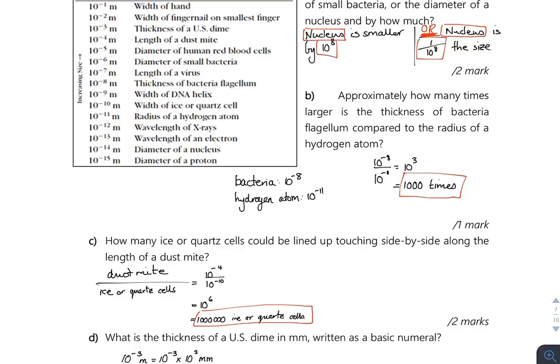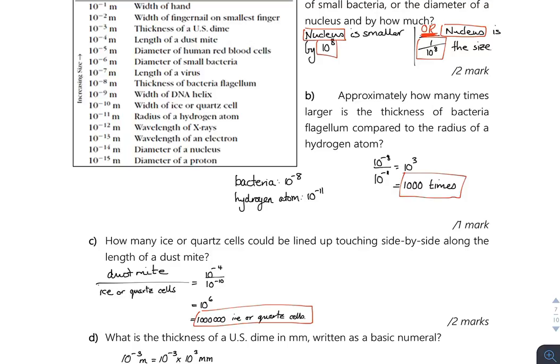So again, it's a division. 10 to the negative 4 divided by 10 to the negative 2 gives me 10 to the power of 6. I would expand that because 10 to the power of 6 isn't a real answer for how many. So I would write that as 1,000,000 ice or quartz cells would fit side by side along the length of a dust mite, basically.